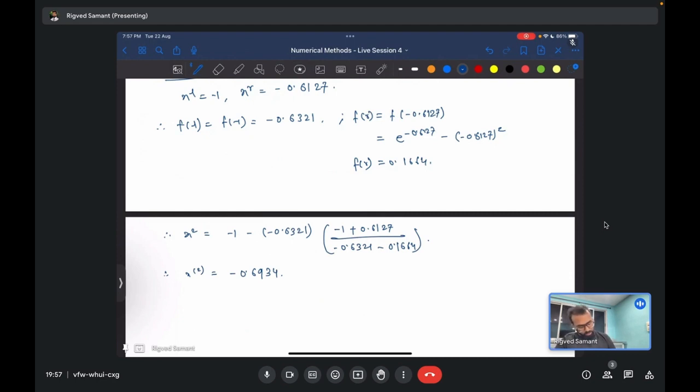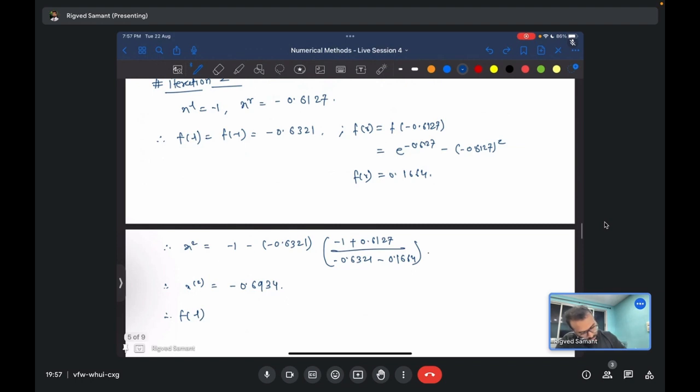So what will be your conclusion? fL into f2, so we still have to find f2, right? So f2 we didn't find.